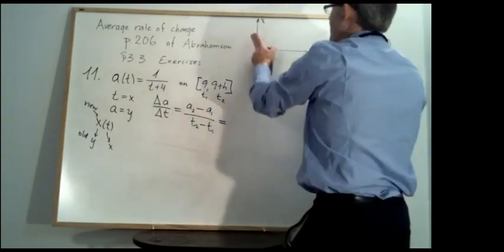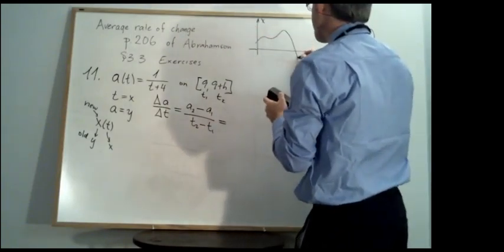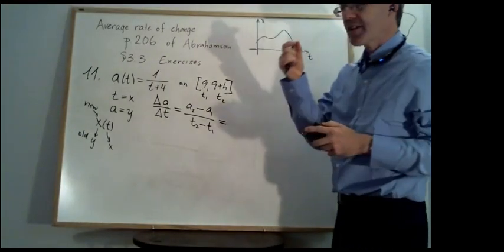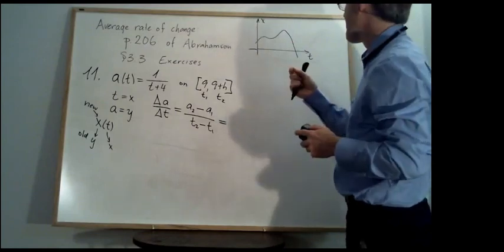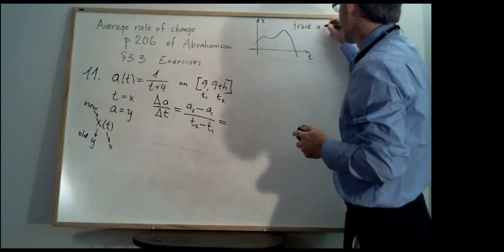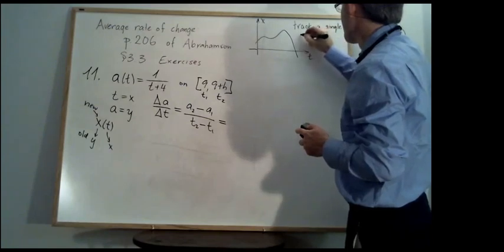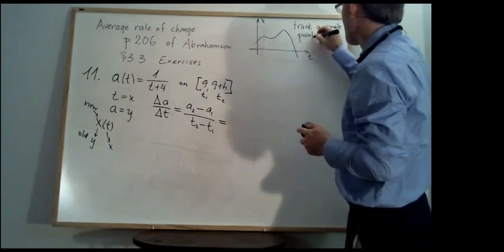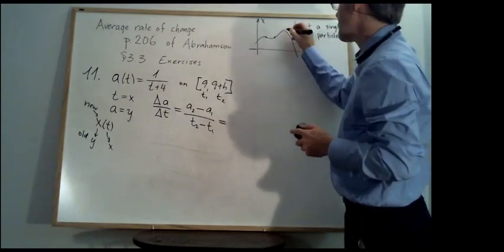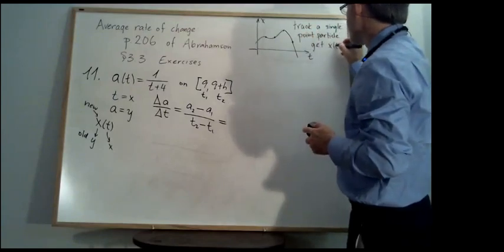The x-axis has been rotated, and any sort of graph like this has to be a function, right? Because if you track a single particle, which is a point, let's say, you get a function of time. It's only one position for each time.